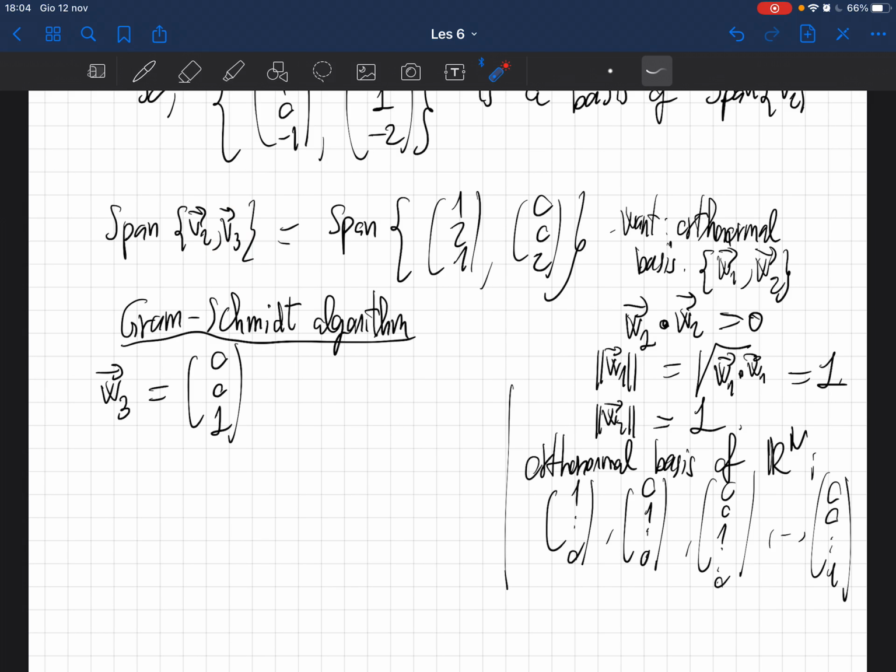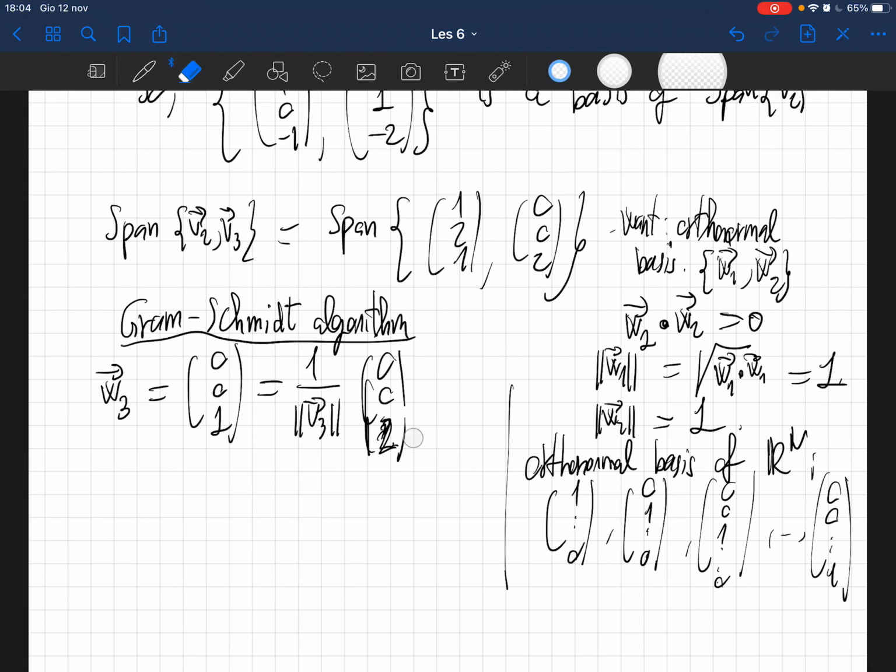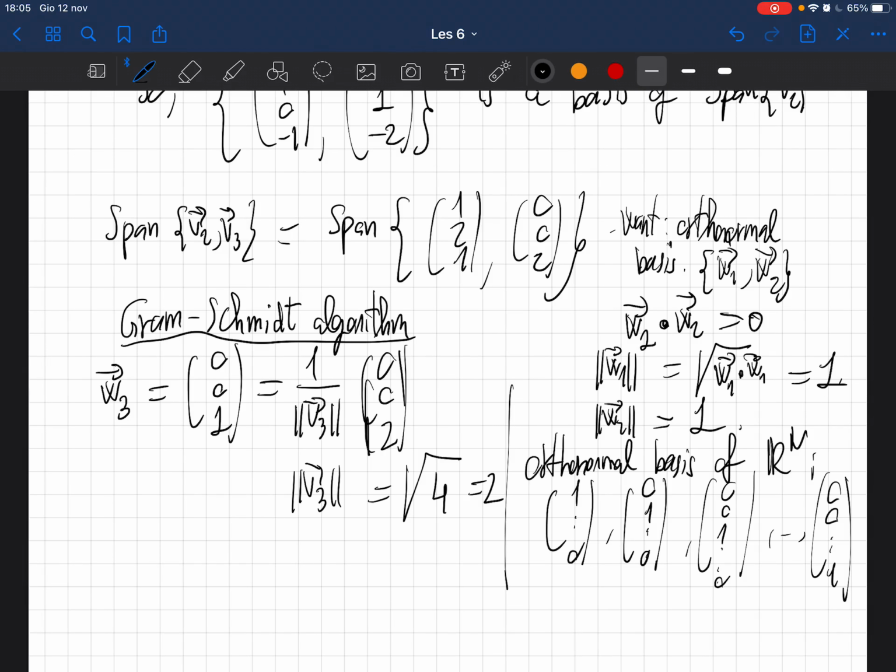It's very easy to normalize it, because you just have to multiply it with a suitable coefficient. The norm of this is the square root of 4, it's true. So you see that it's very easy.